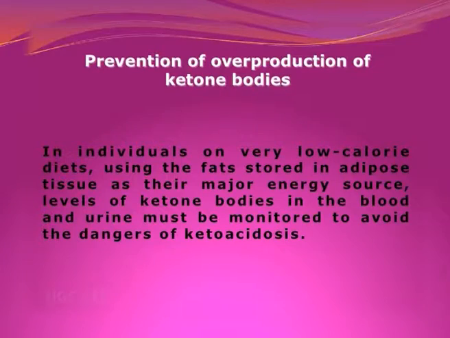Now, coming to the prevention of the overproduction of ketone bodies, we have to regularly monitor the blood and the urine of untreated diabetes mellitus patients or people who live under fasting or starvation conditions, and check whether they are suffering from any overproduction abnormalities.